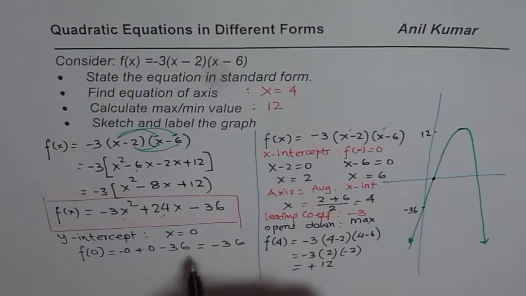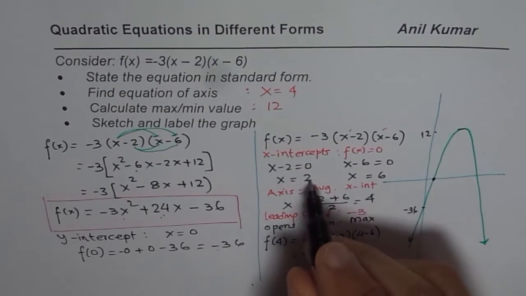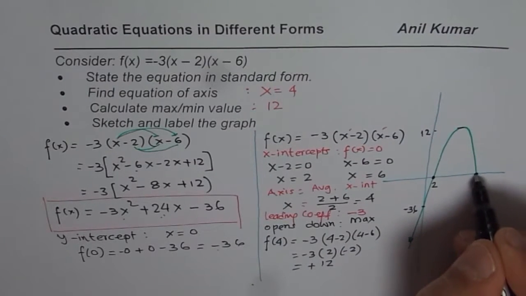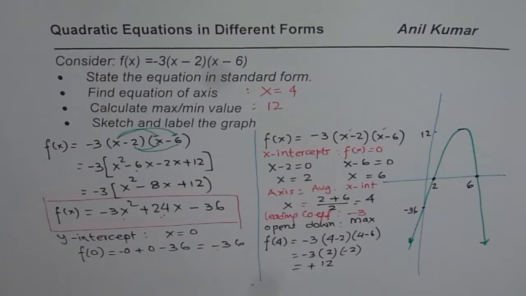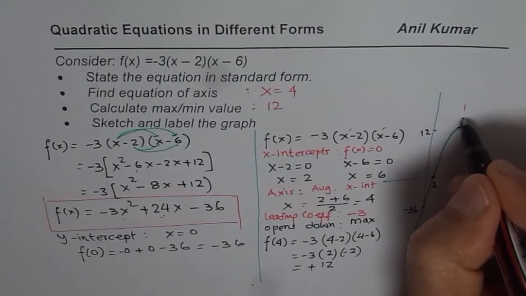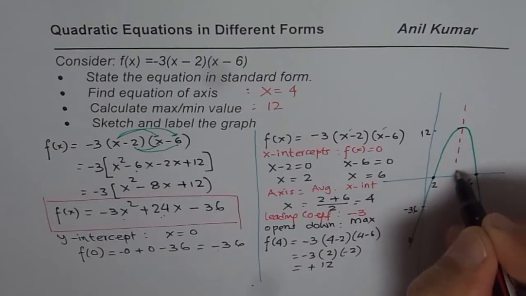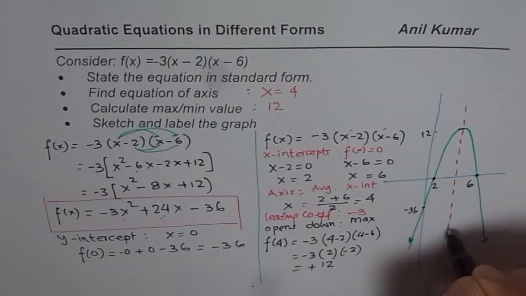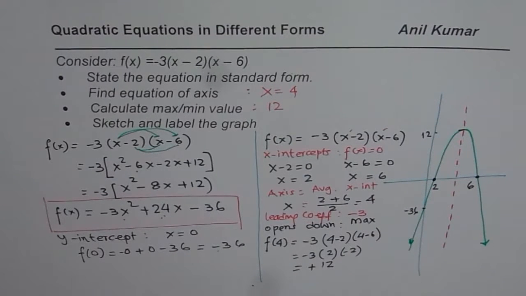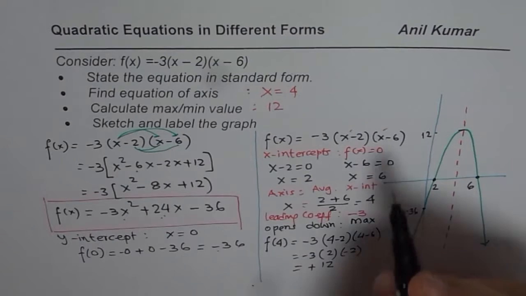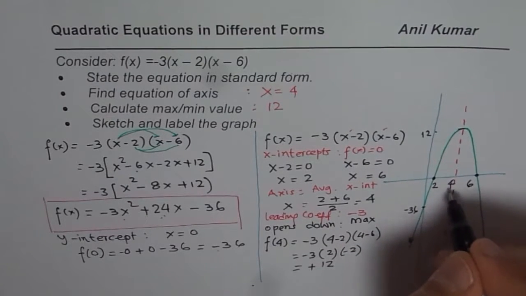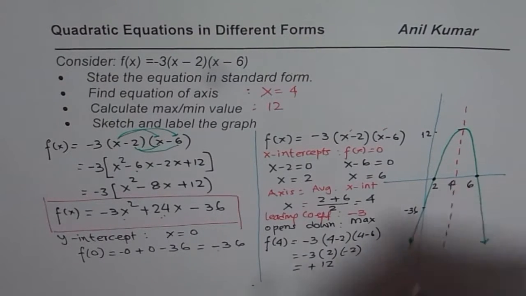And this point, which is an x-intercept, is at 2. The other one is at 6. And let me just sketch the axis here. This axis will pass through x equals 4, right? So this value is the center value of these two, which is 4.